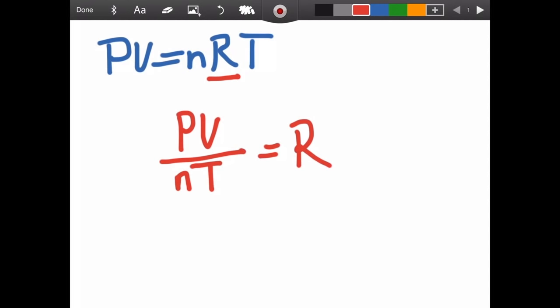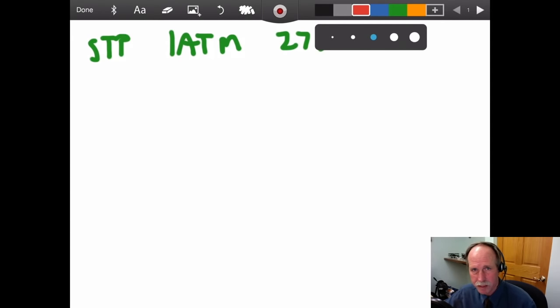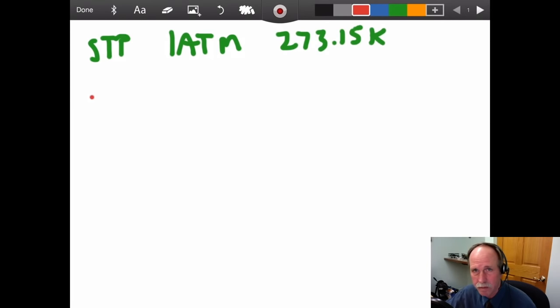So let's go ahead and put some numbers in this, and we'll start off with standard temperature and pressure and 1 mole of gas. So let's go ahead and figure this out. Okay, so we've got standard temperature and pressure, and that's going to be 1 atmosphere and 273.15 degrees Kelvin. And let's go ahead and put the numbers in.